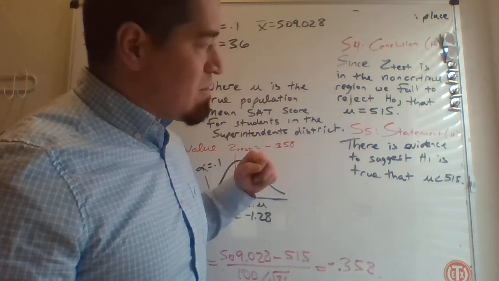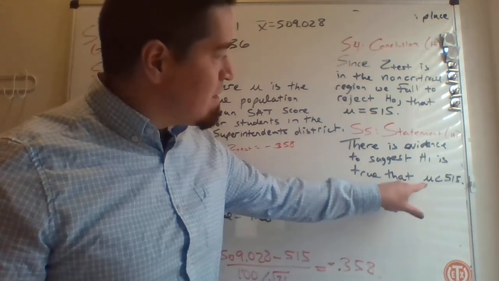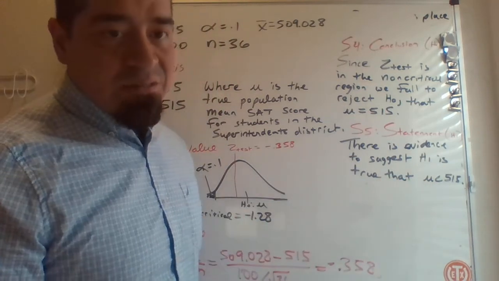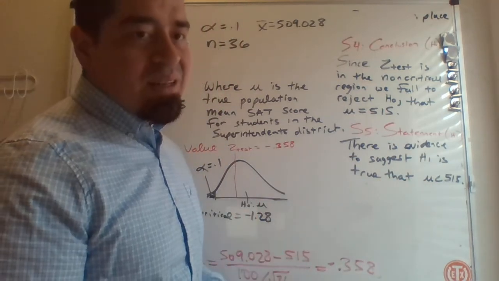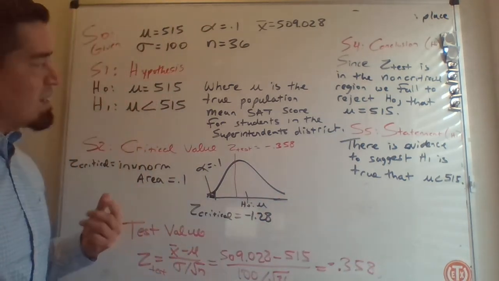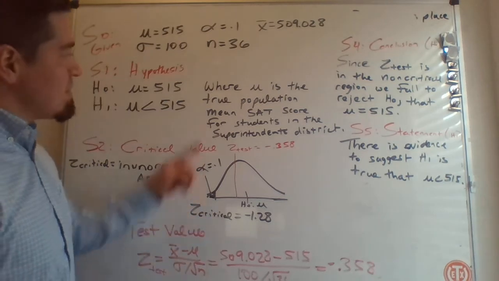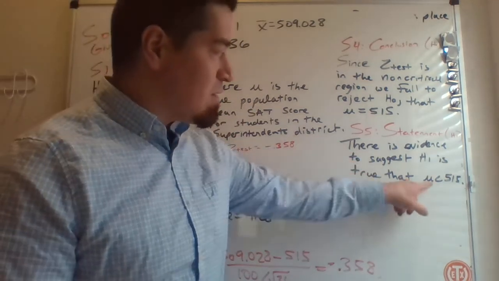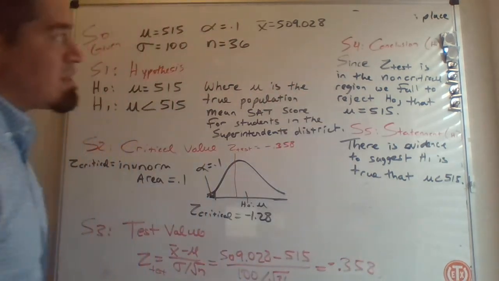Okay, so see, that's so people wonder about letters. Well, really the letters are about being a little bit lazier, not having to say that that's the mean SAT score less than 515, because a lot of times you're writing papers and you'll be referencing that because that's what you studied maybe 30 times. So instead of writing this 30 times, you write it one time, and every time after that you refer to it as mu. So that's part of the reasoning.